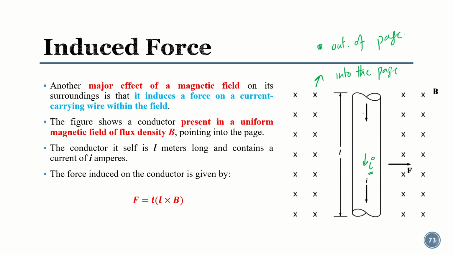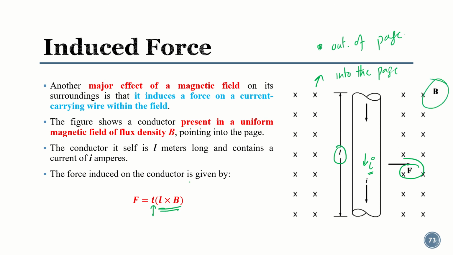So if a current carrying wire is present in a magnetic field, due to the effect of the magnetic field, it will experience a force. The force is represented by the current multiplied by the cross product of the length of the wire with the magnetic field.